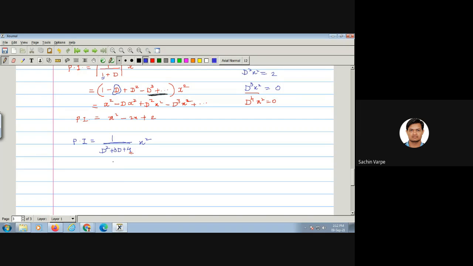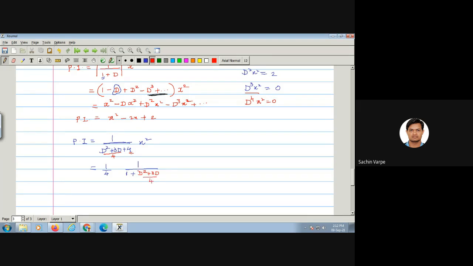So I can write this as 1 upon 4 times 1 upon, here we will be getting 1, plus the rest, the whole upon 4. So I'm writing here D square plus 3D upon 4.